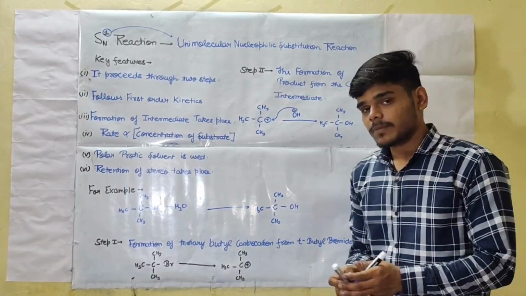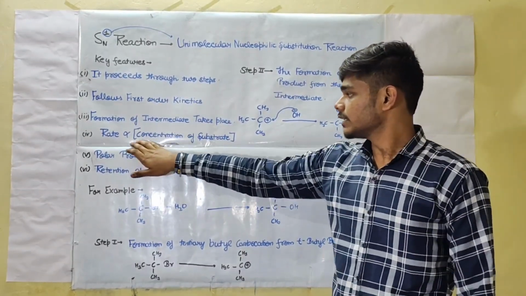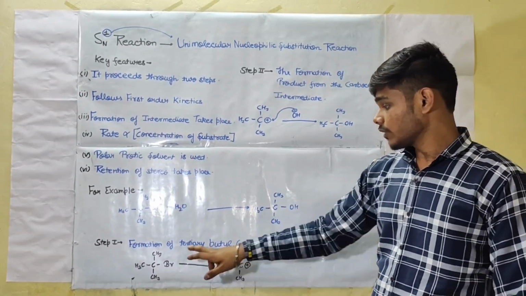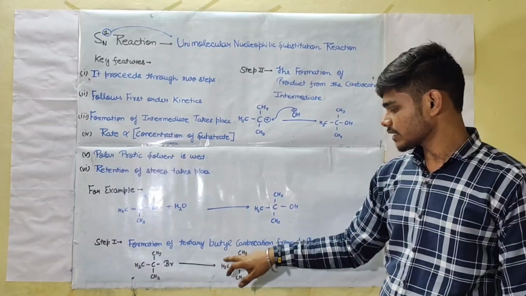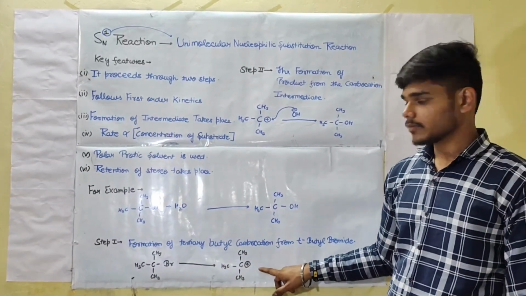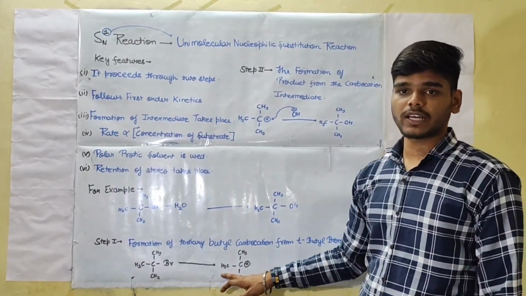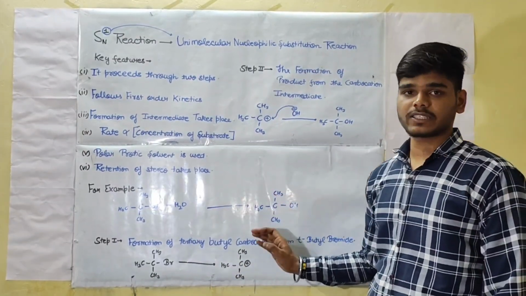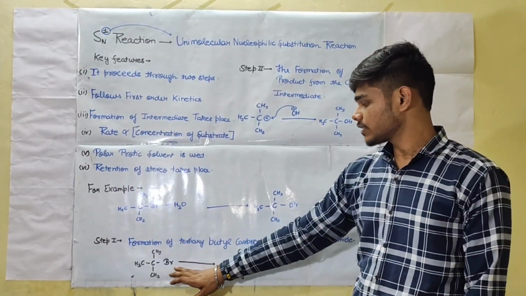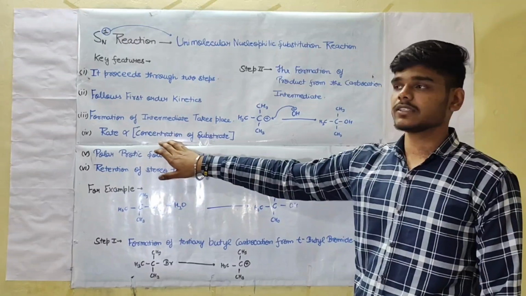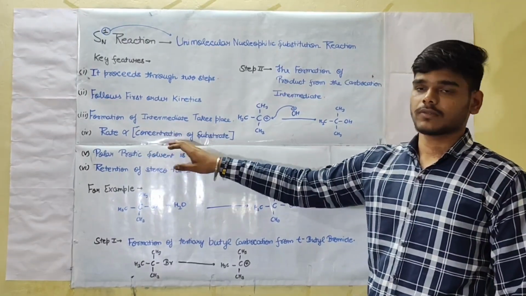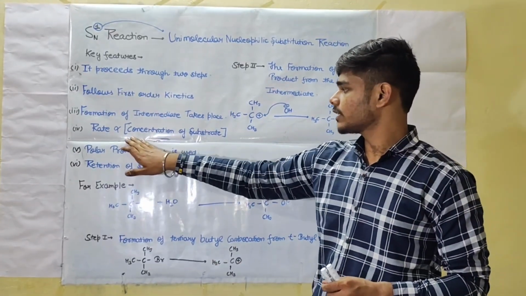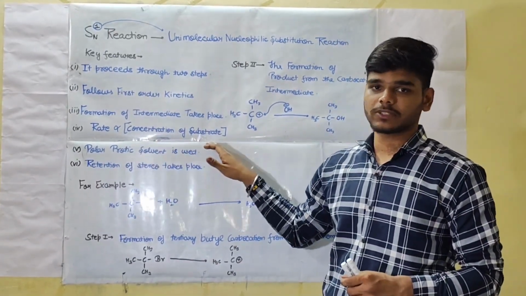So the rate of this reaction is directly proportional to the concentration of substrate. So if we see the first step, in the first step carbocation is formed. So the formation of carbocation is the slowest step here, which is the rate determining step, with the help of which we are writing the rate law. So rate of reaction is directly proportional to concentration of substrate.